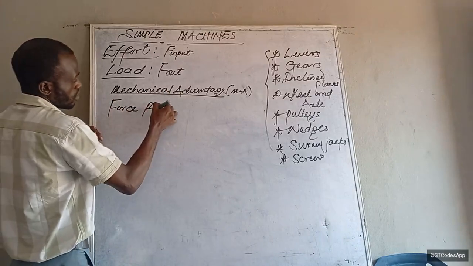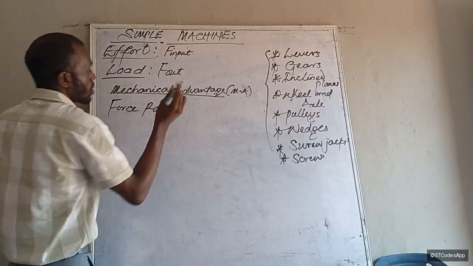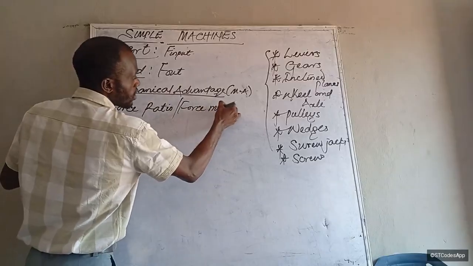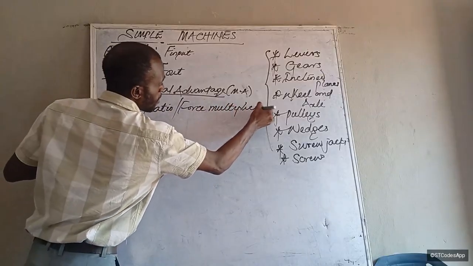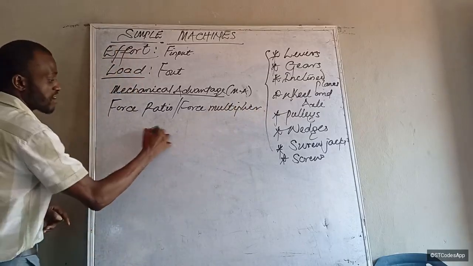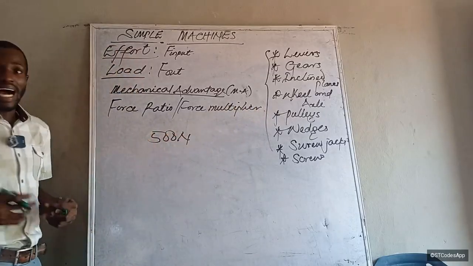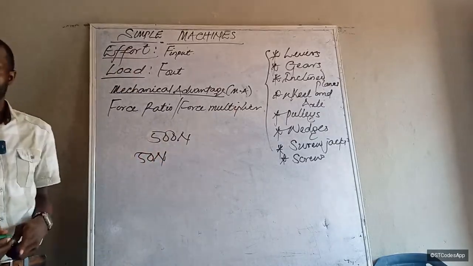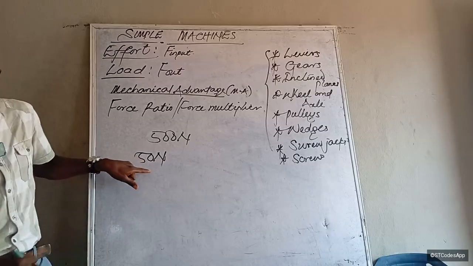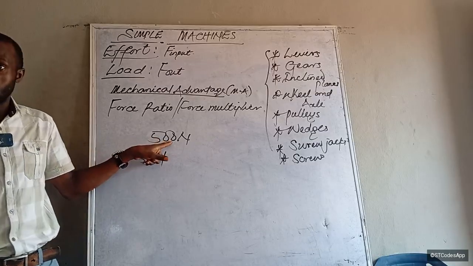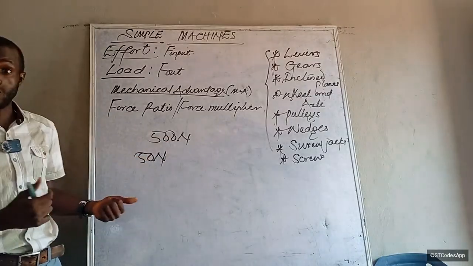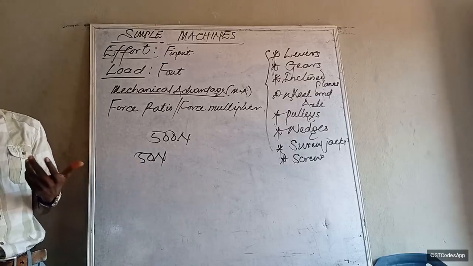It's also called what? Force ratio. Because your MA is your force multiplier. What do you mean by force multiplier? I want to carry a load of 500 Newton, and I only input 50 Newton. By using 50 Newton, I'm able to carry what? A 500 Newton load. Do you see that you multiplied my force by a factor of what? 10. Do you understand now?